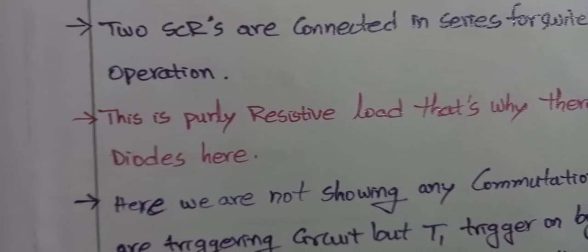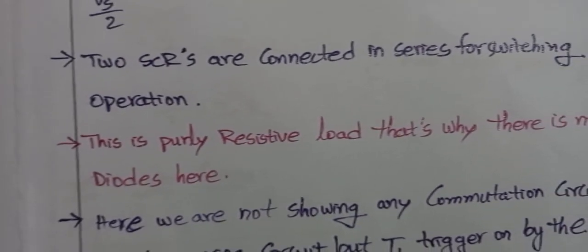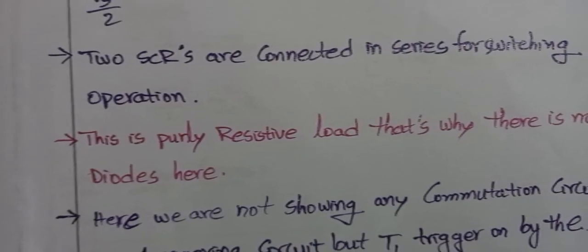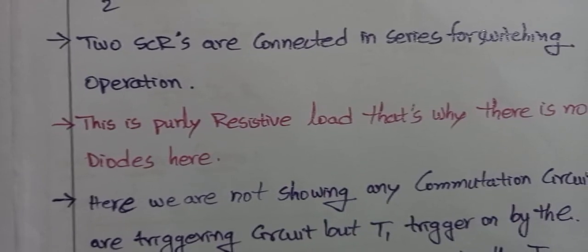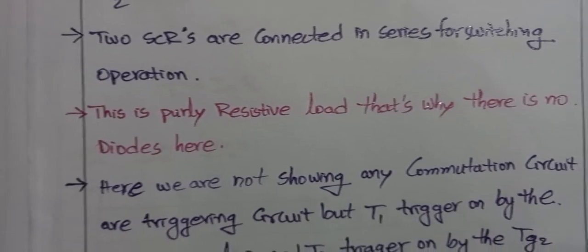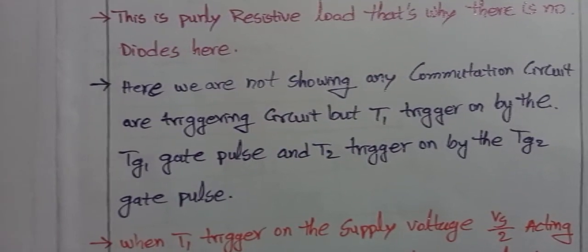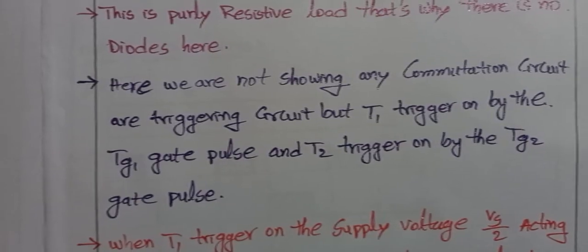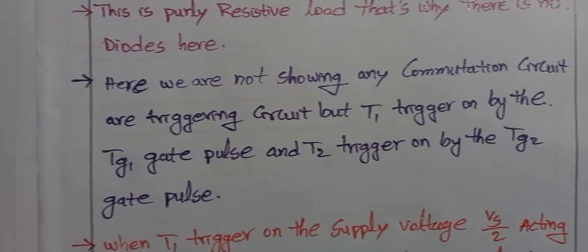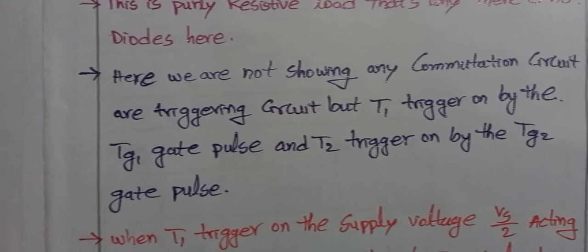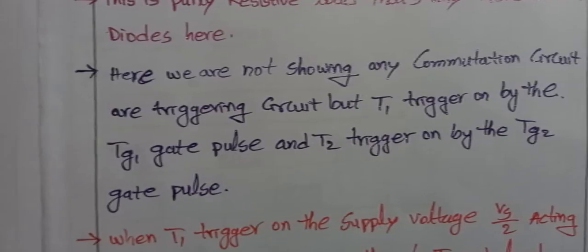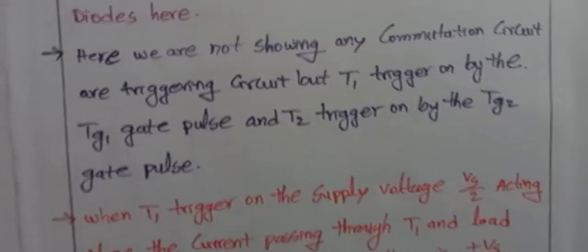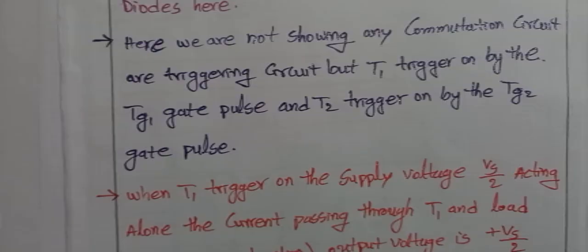Two SCRs are connected in series for the switching operation. Those two thyristors are only useful for switching. Since this is a purely resistive load, there are no diodes, as I already said. Here we are not showing any commutation circuit or trigger circuit, but T1 is triggered on by the TG1 gate pulse and T2 is triggered on by the TG2 gate pulse.